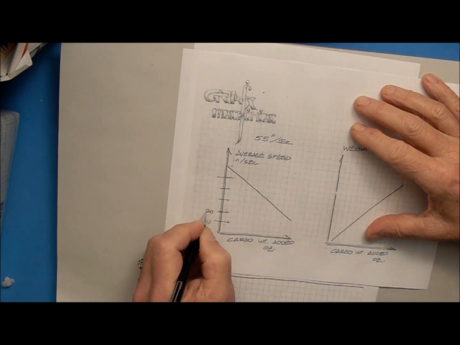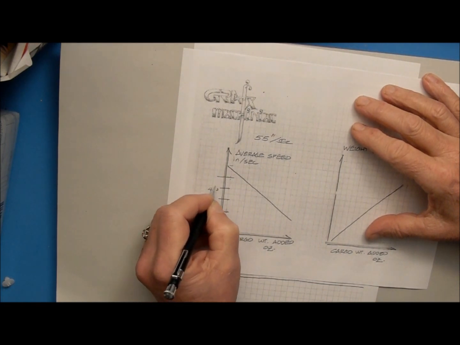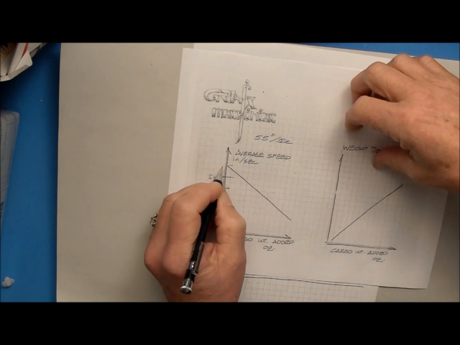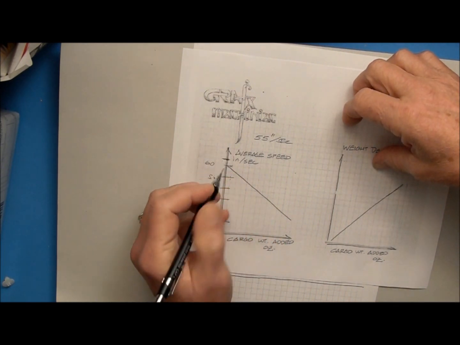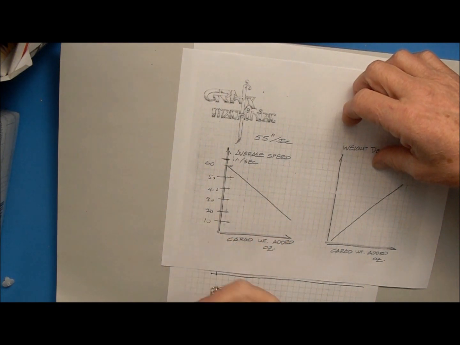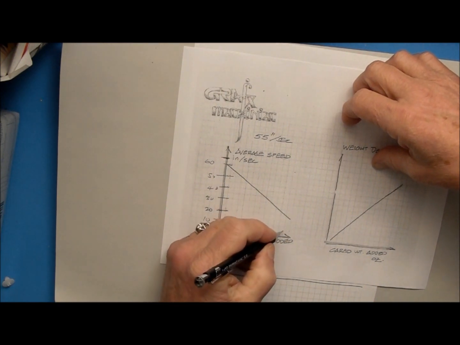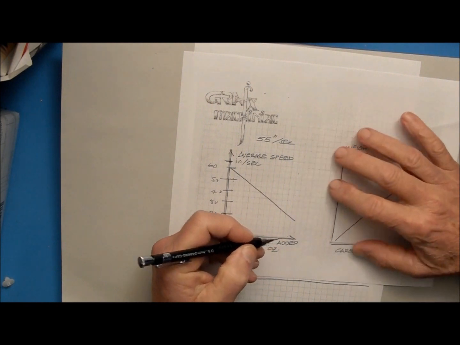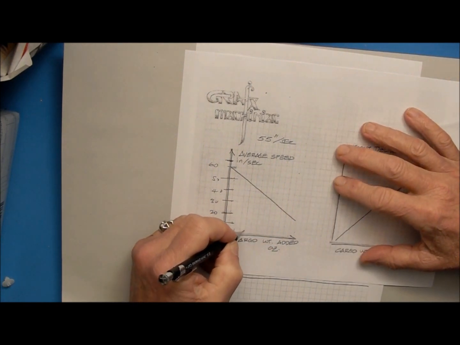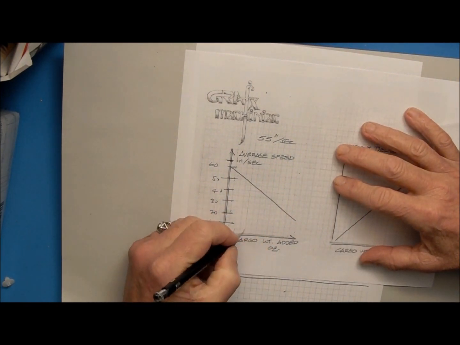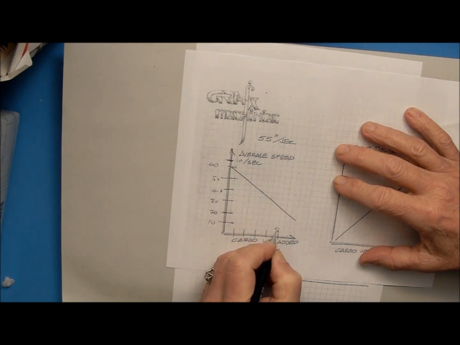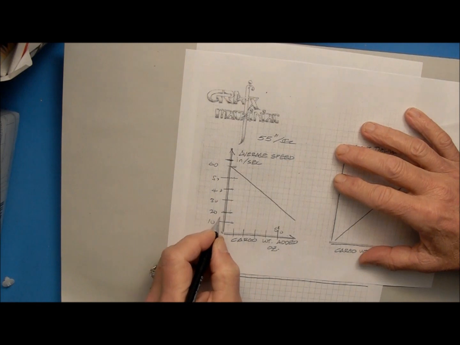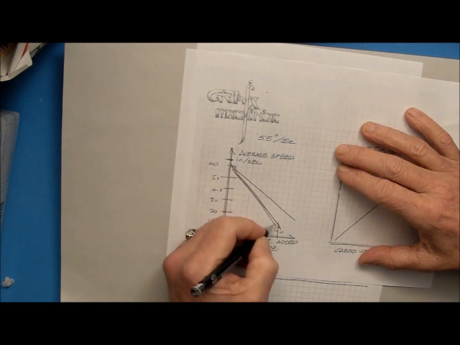So 10, 20, 30, 40, 50. That'll be 60, the top speed of the car. It's around 65, and by the time we got out here to 40 or 50 ounces, it was going pretty slow. So if we go 10, 20, 30, 40, 50 for ounces, that'll get us down here, and it looks something like that.